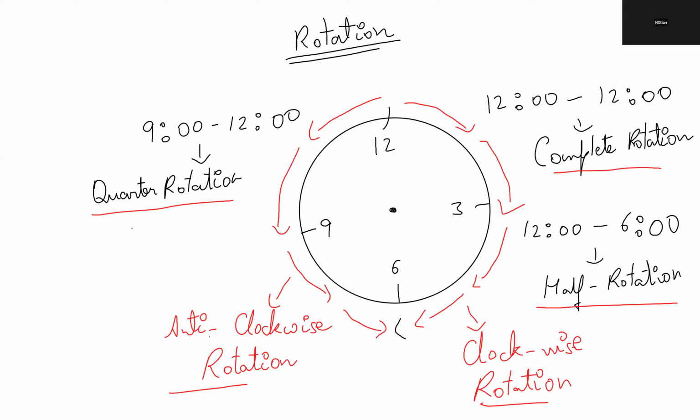I've only drawn it half because I'm showing both things in the same clock diagram. So in the clockwise you can make all the arrows in this direction, and anti-clockwise you can make all the arrows in this direction. All right, so moving forward, we will talk about directions next.